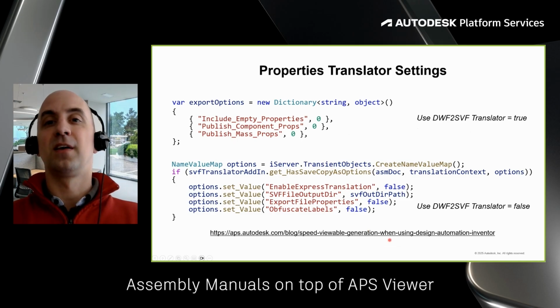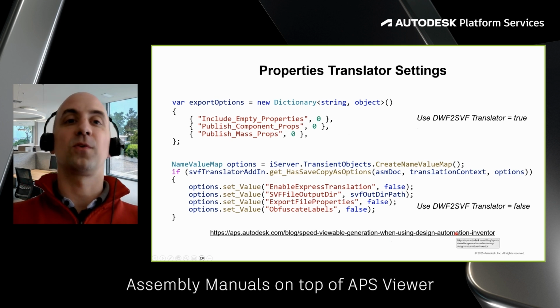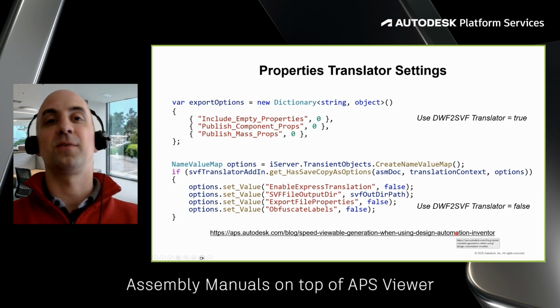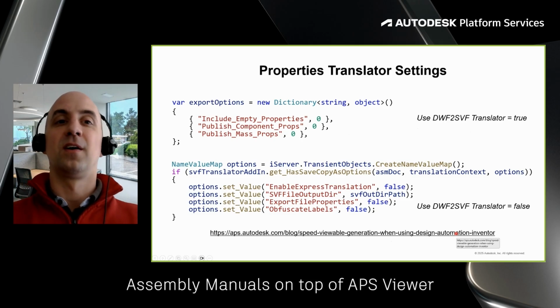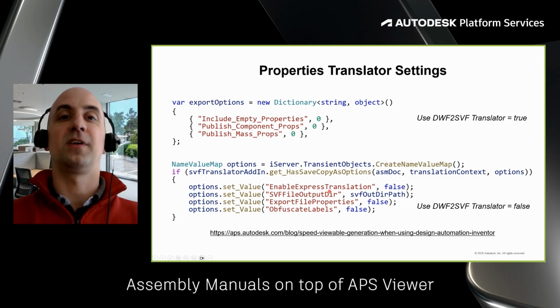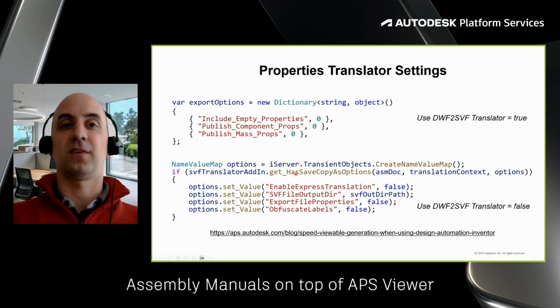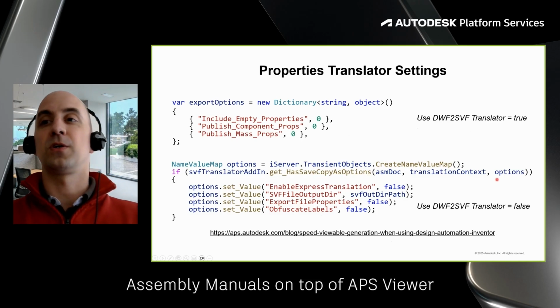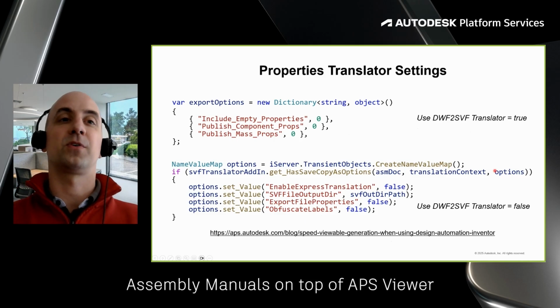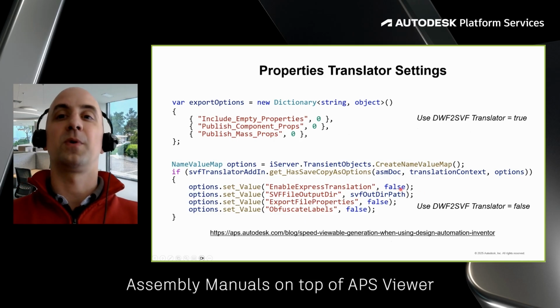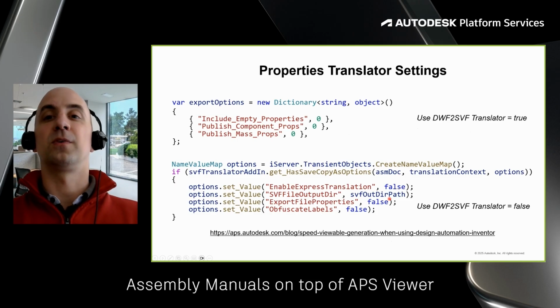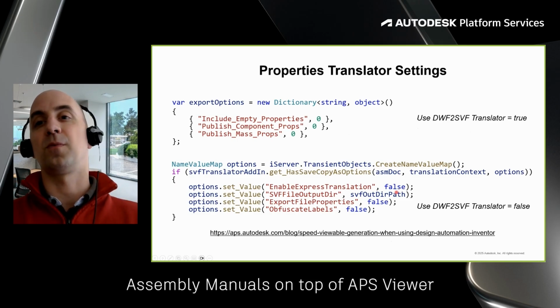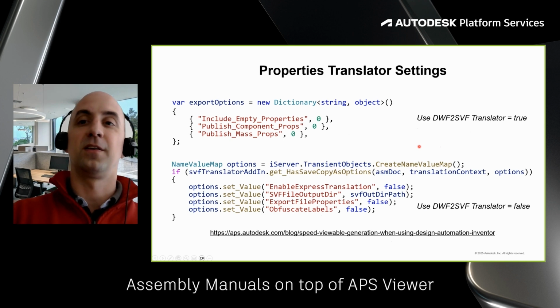He explains, and I think it's the only place on the internet, or at least that I found, the individual options of the Inventor SVF translator. And I especially like this method called get has save a copy as options, which pre-populates the options name value map object with the defaults, and then you just specify only the options that you need to be set differently.